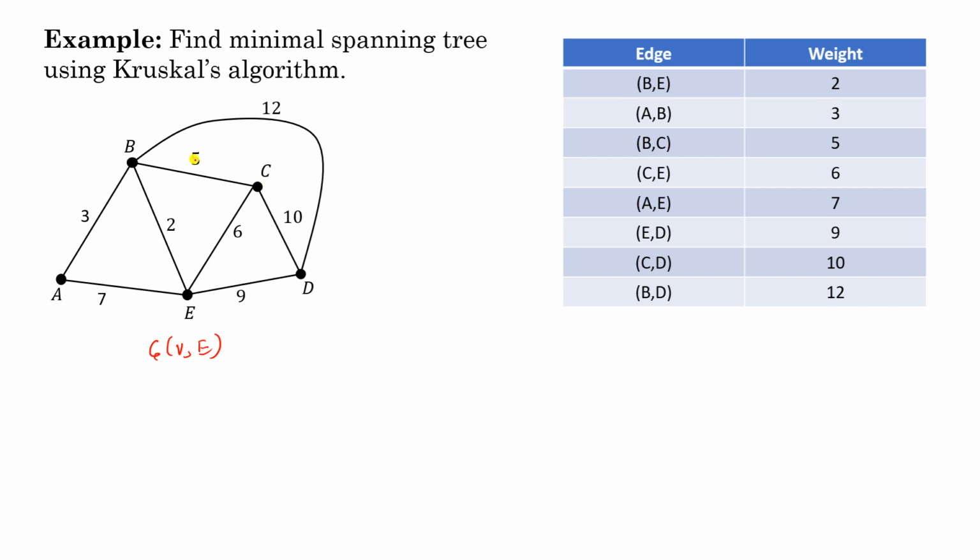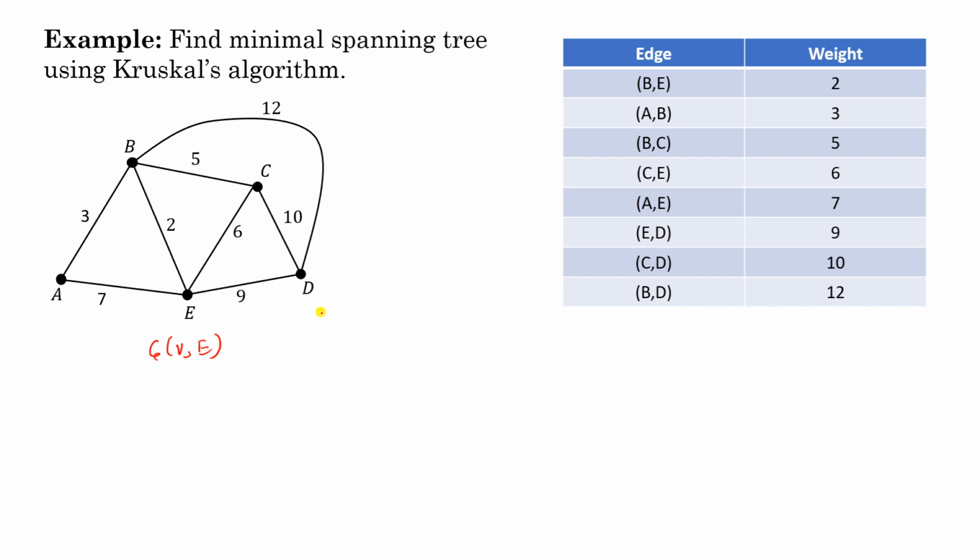Third one is BC, the weight is 5. Next, CE, weight 6. Next one, AE, weight is 7. The next one is ED, weight is 9, then CD with 10, then BD with 12. In this way I have arranged all these edges in increasing order of their weights.